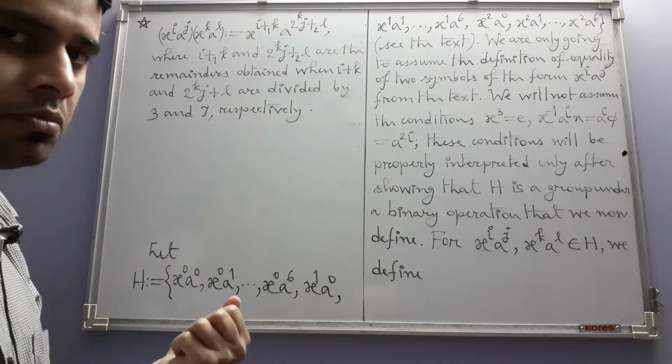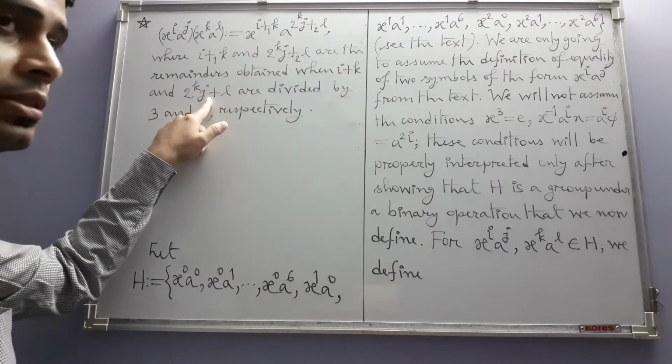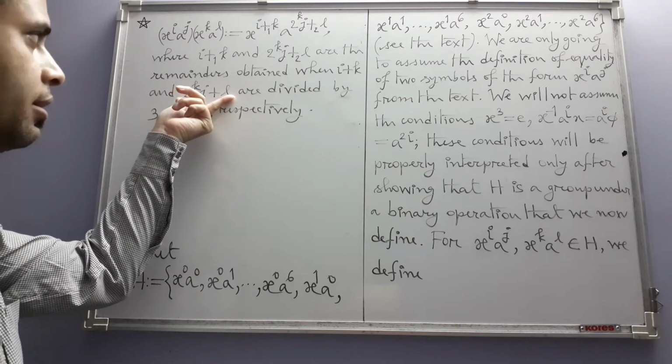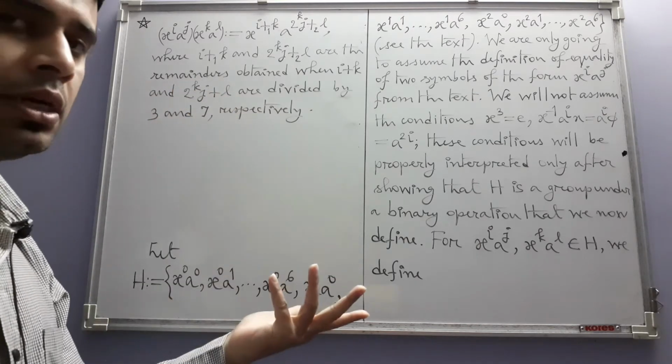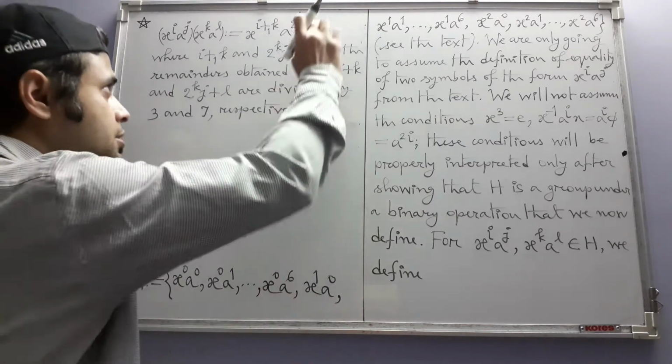In fact, it's a positive integer that you can multiply with j, that is an integer, plus l. So this is again an integer which you can divide by 7. Once you do that, you will get a remainder. This is that remainder.